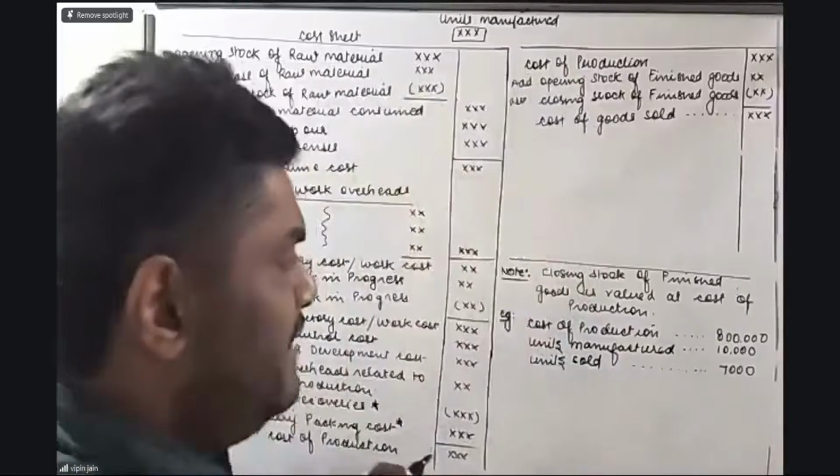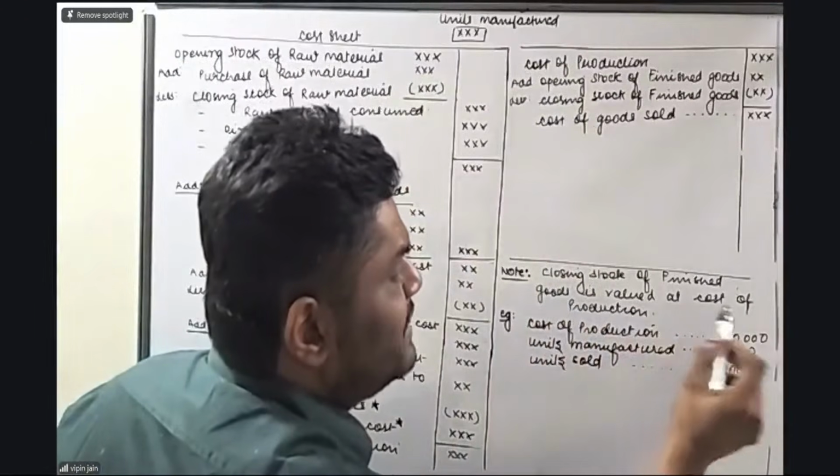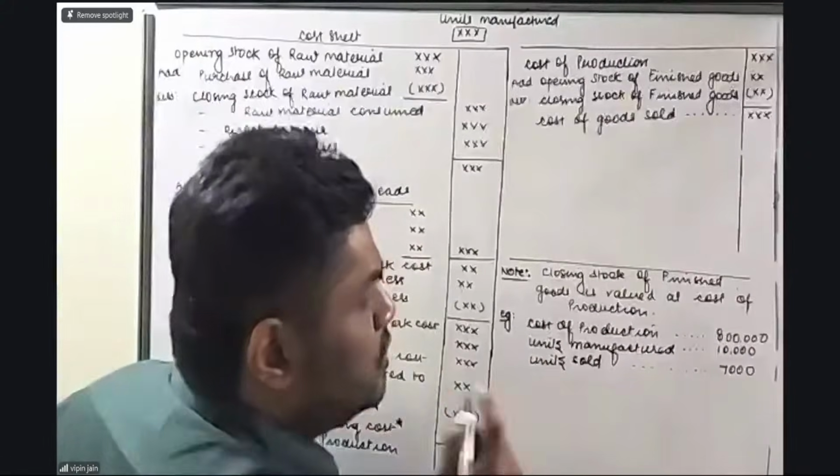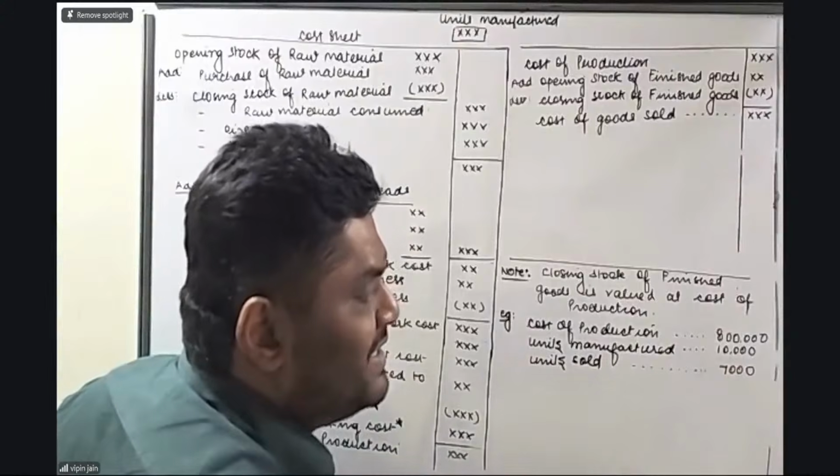So very simple, guys. As I said, closing stock of finished goods is valued at cost of production. Units manufactured were 10,000, units sold were 7,000.